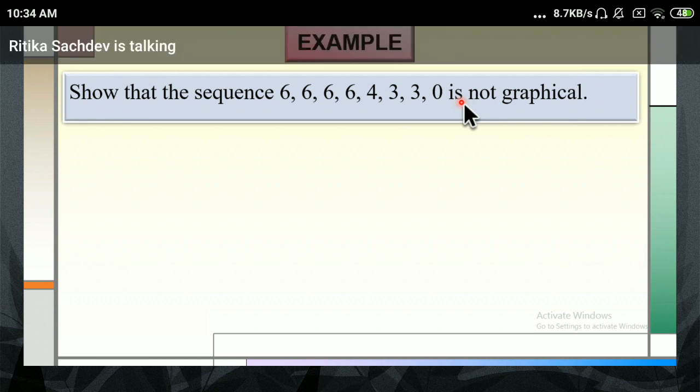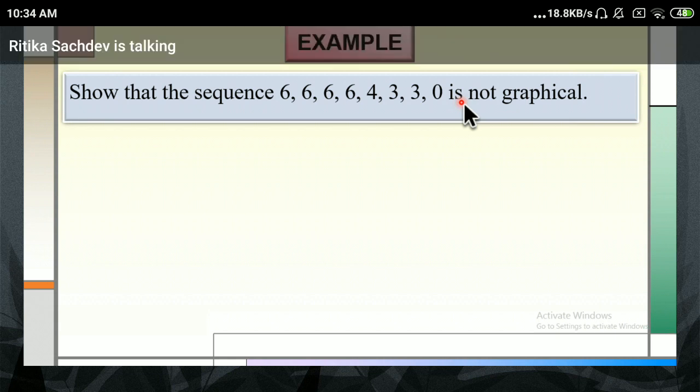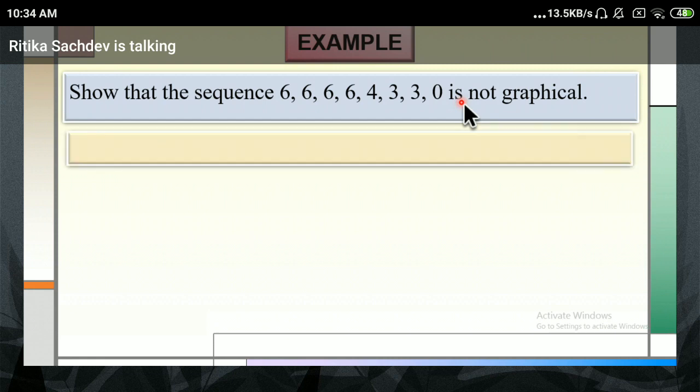What is the sequence? How many numbers are there in the sequence? That many vertices will be there, no? As many numbers as are listed, so many vertices. So I'm assuming that the graph exists. And if the graph exists, there should be 8 vertices.